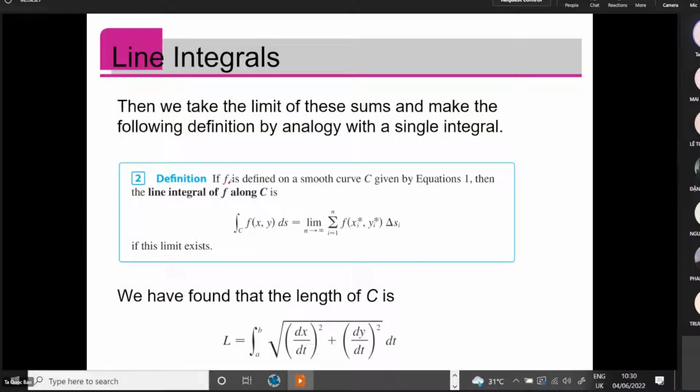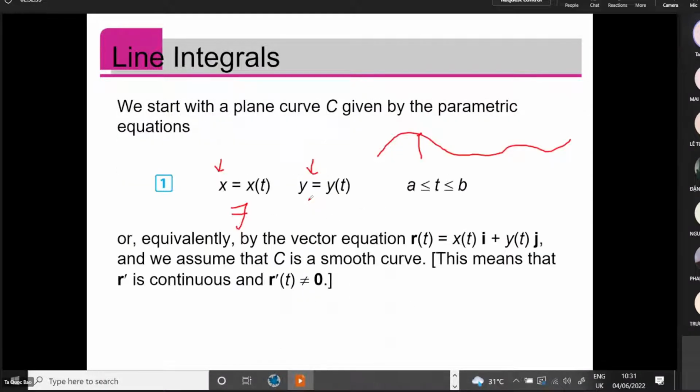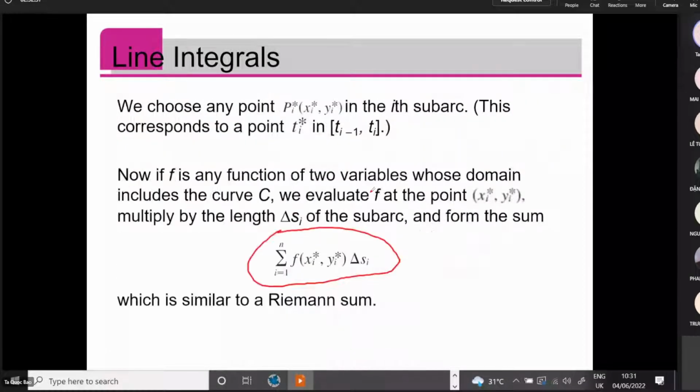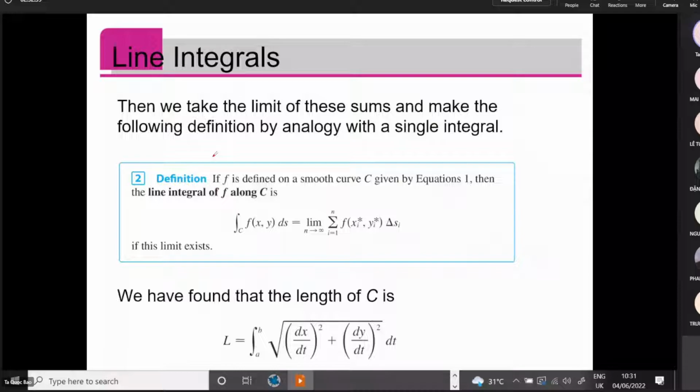Now let f be defined on a smooth curve C given by equation 1, and then the integral of f along C is defined like this.